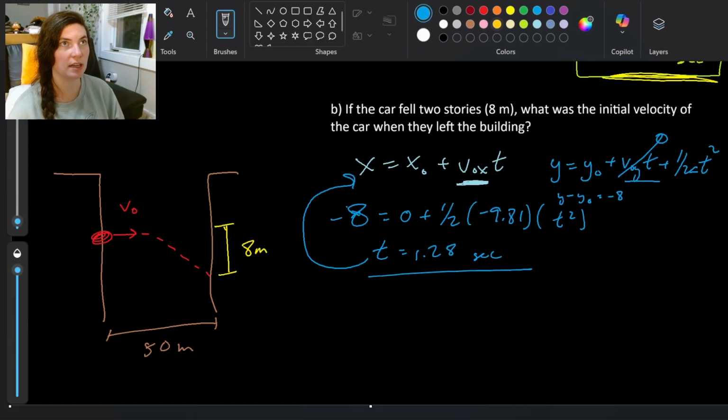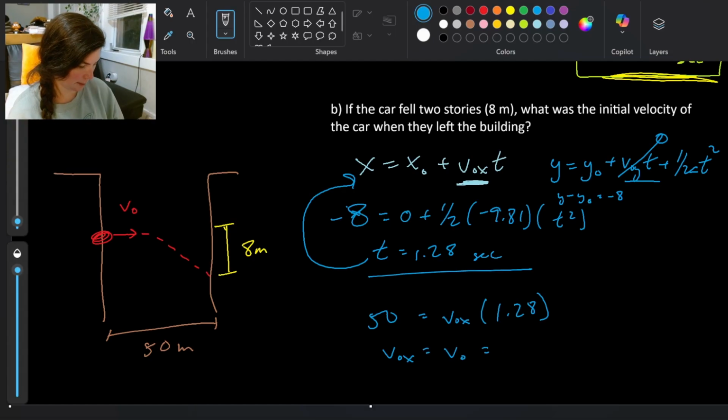So my x minus x naught, we already know that range is 50. So 50 equals v naught x times t, 1.28. So my initial velocity in the x direction, which is just my initial velocity, I punch that into a calculator, is 39.1 meters per second.